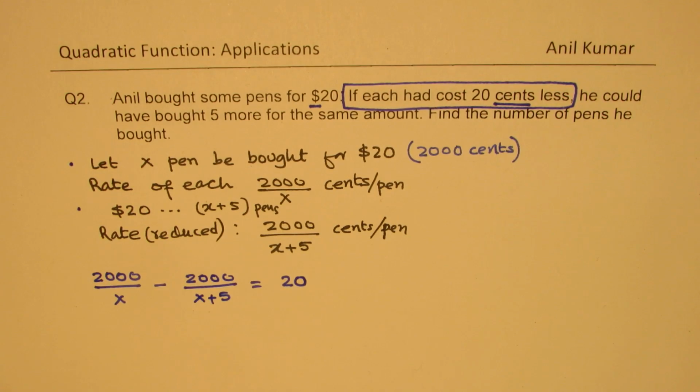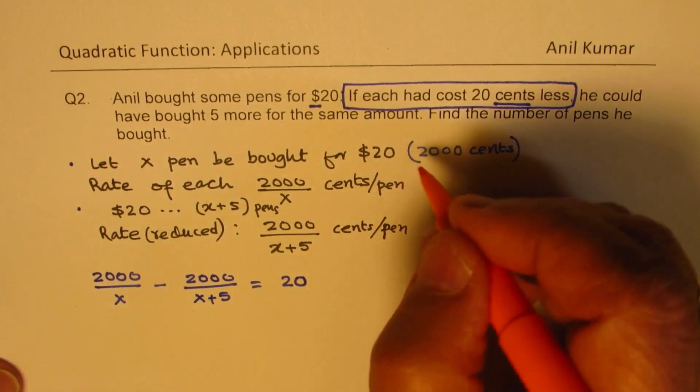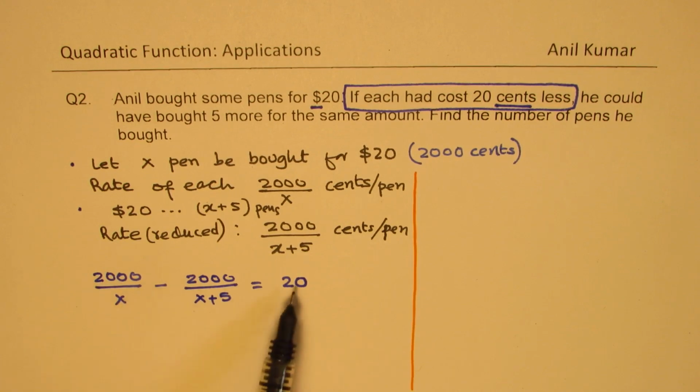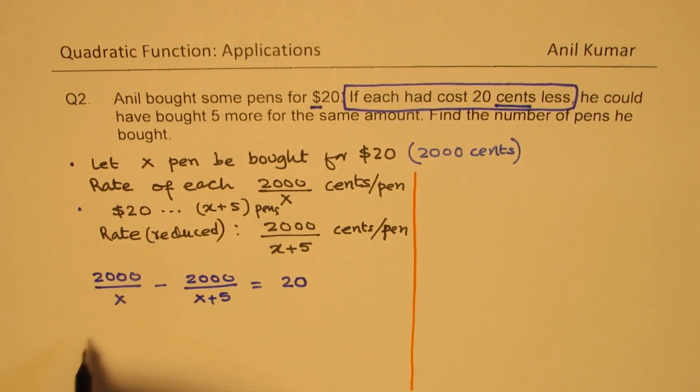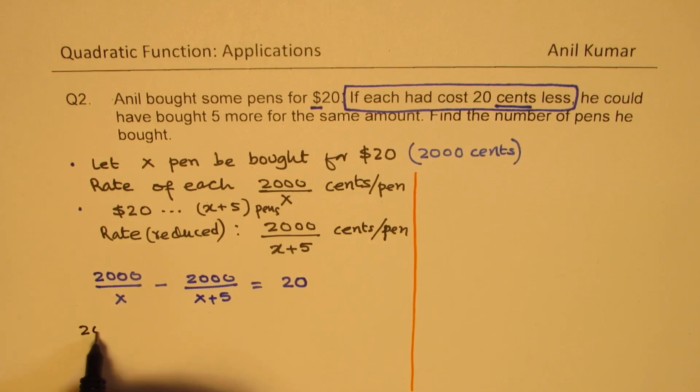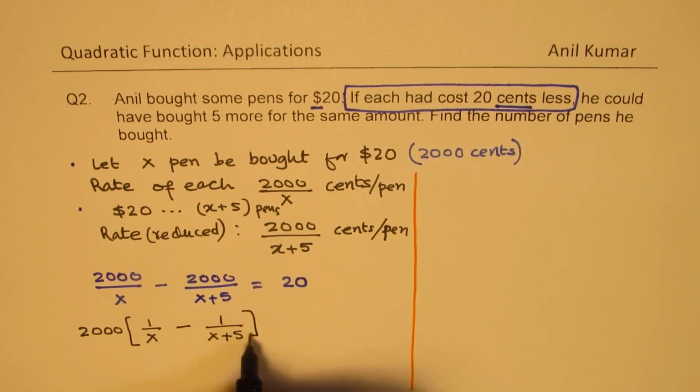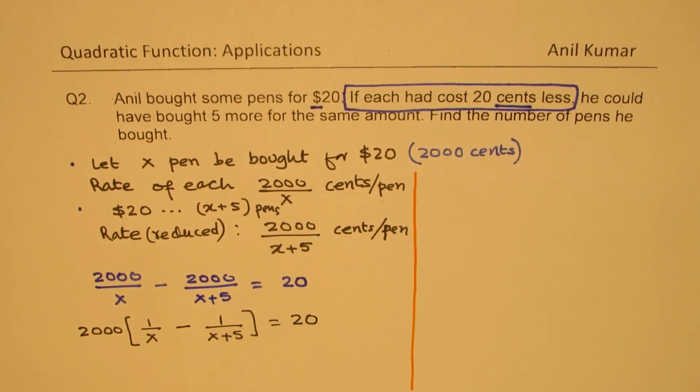Now the idea is how to solve and simplify, right? So now we'll look into a simpler solution for the same. We could actually divide by 20 also, right? We can take 2000 common. So think like this. We are taking 2000 common here, right? So we have here 2000 times 1 over x minus 1 over x plus 5 equals 20. Is that clear to you? Now you can divide by 20.